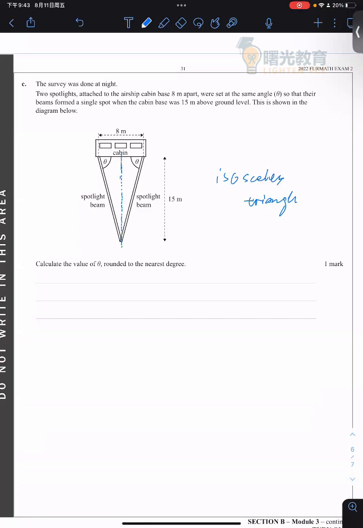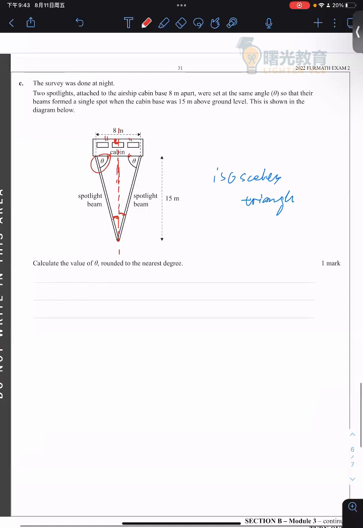If you bisect it, your angles are exactly the same, and your base is cut into 2 equal pieces. This angle is exactly the same, this side is exactly the same, and also it is perpendicular. Now, we just need to find out the foot angle.